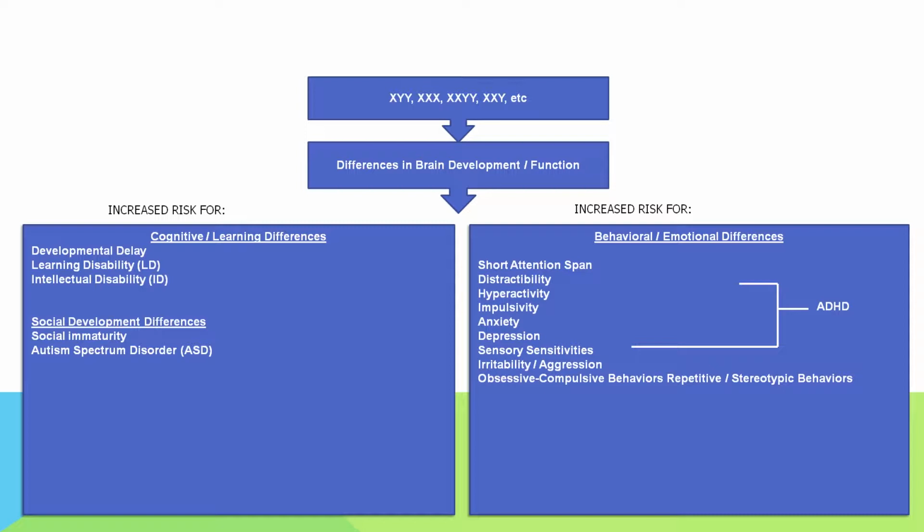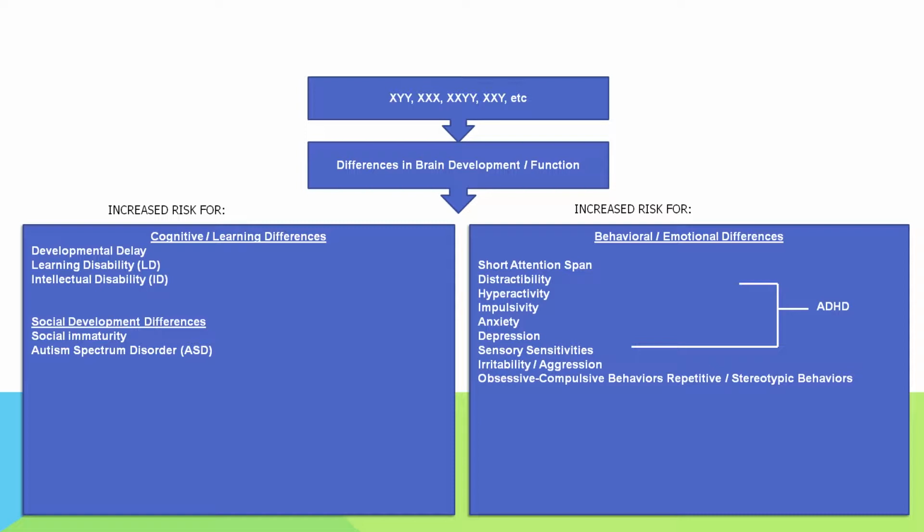Because you have an extra X or Y chromosome, it leads to overexpression of genes on those chromosomes. Those genes lead to differences in the way that the brain develops. And once there are differences in the way the brain develops, there can be an increased risk for many different things.